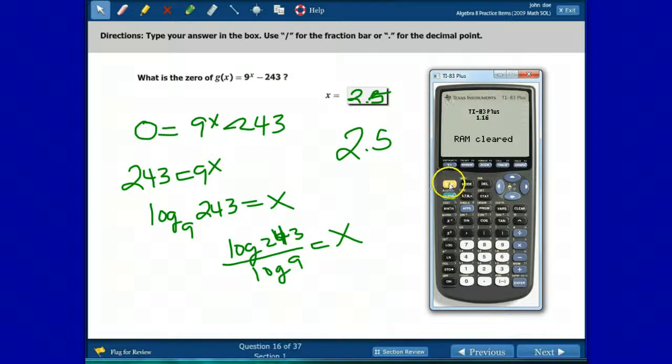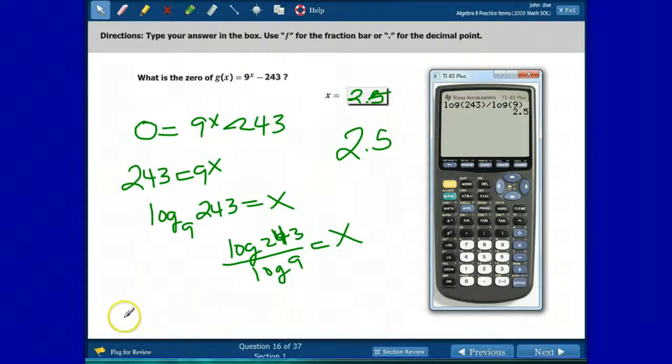Okay, so I can just go to my home screen at this point. Log 243 divided by log 9, 2.5. Okay, you can do it that way if you want. That's probably the best bet if you changed it into logs.